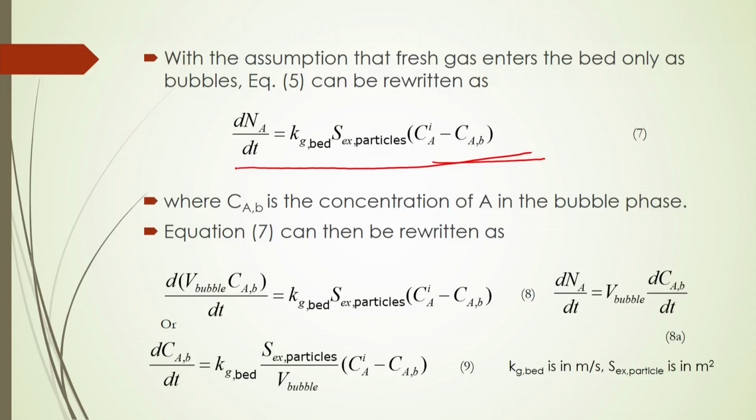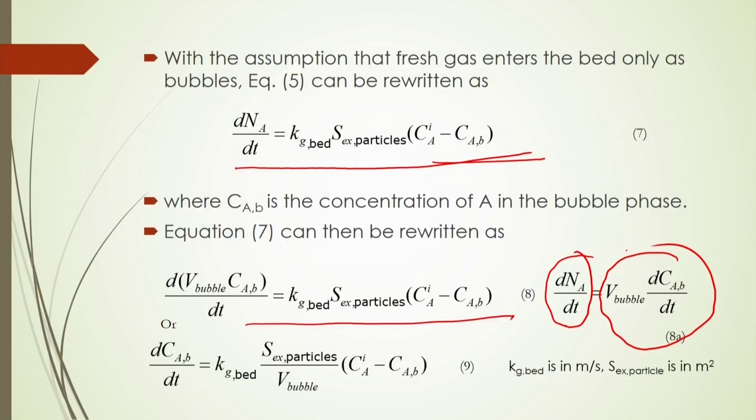Then equation 7 can be rewritten and represented by equation number 8, and from this you can say that dNA by dt can be represented by the bubble volume times dCA by dV in terms of concentration of that component in the bubble phase. If you express equation number 7 in terms of concentration instead of number of moles, then you will get equation number 9.